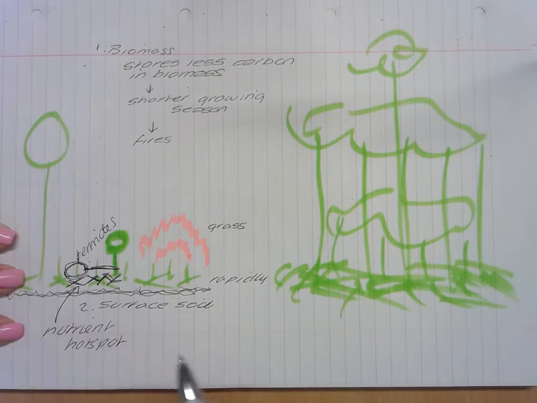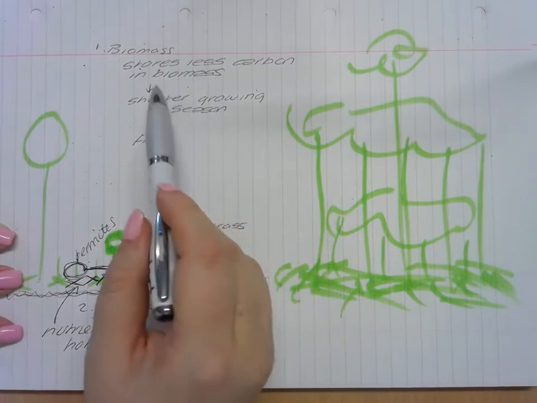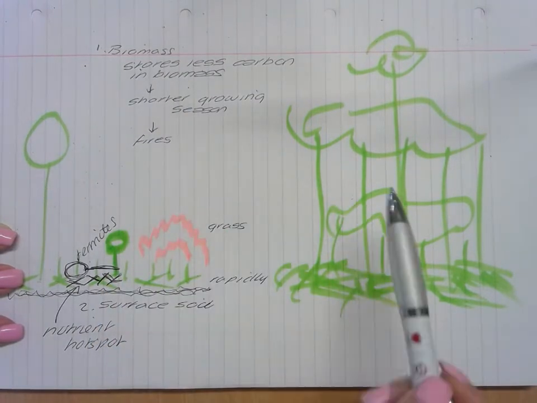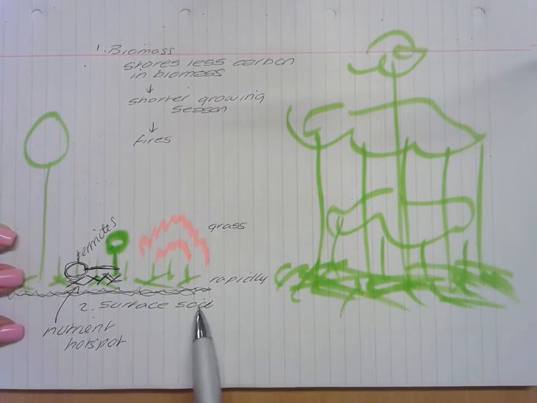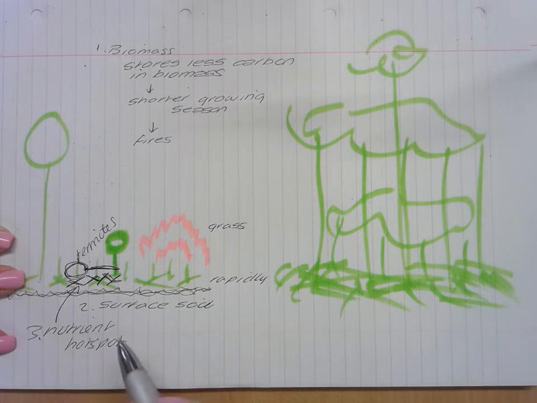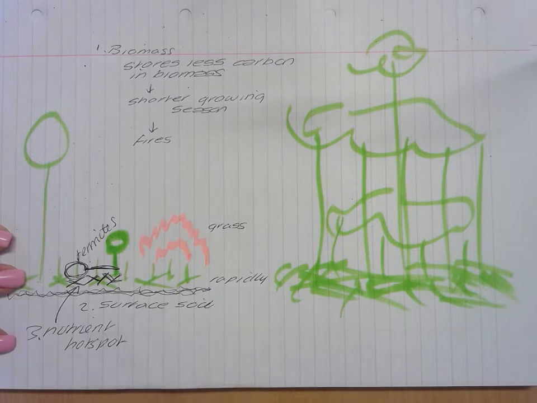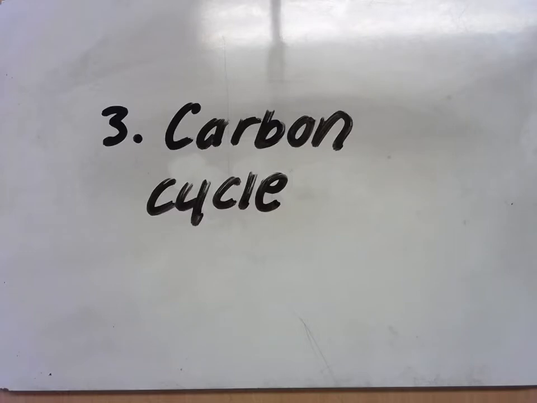So if you think 3 stores of nutrients, one is the biomass, which stores less than the tropical rainforest. 2 is the very surface of the soil when the biomass breaks down, and 3 is nutrient hotspots where termites break down the shrubs. Okay, so 3 stores of nutrients within the savannah.